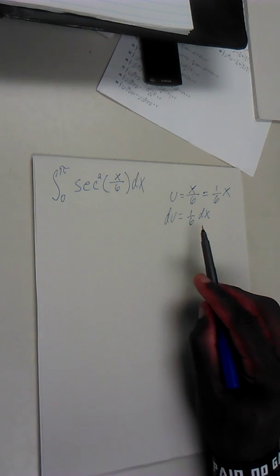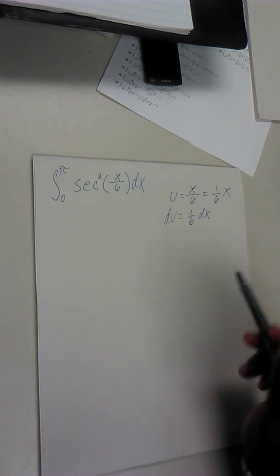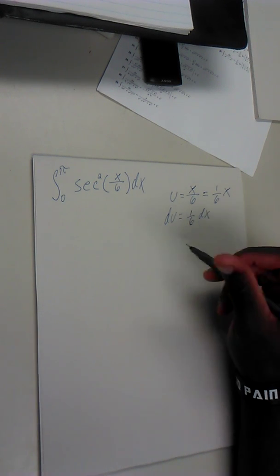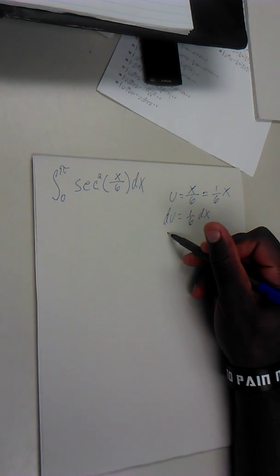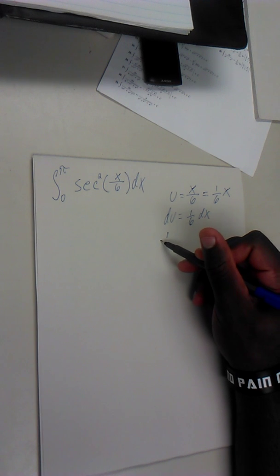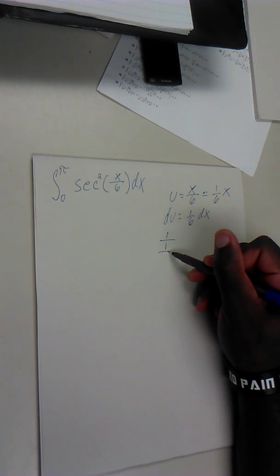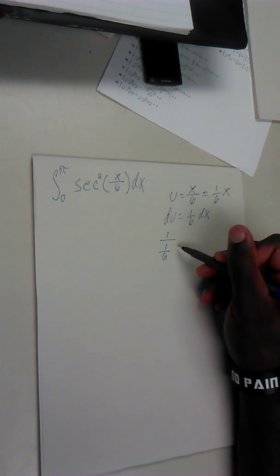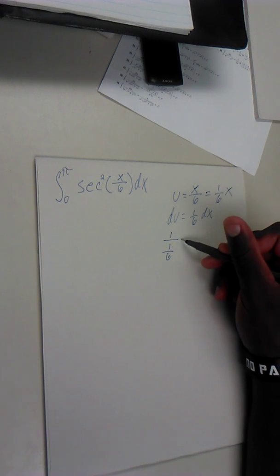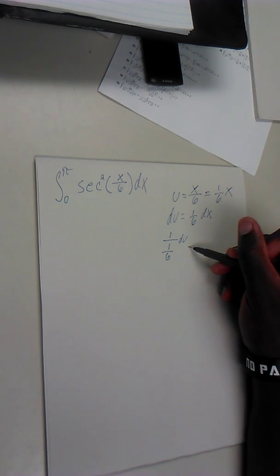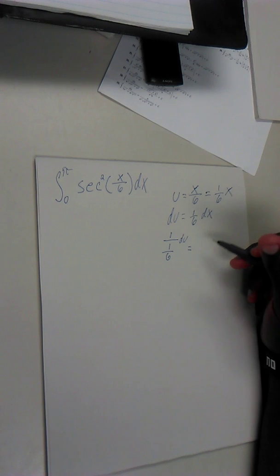So in this case, we have to isolate the dx. Remember, du acts as a 1, so we have to divide over. So this is like saying 1 over 1 over 6 du. And to get rid of this, we're going to take the reciprocal.